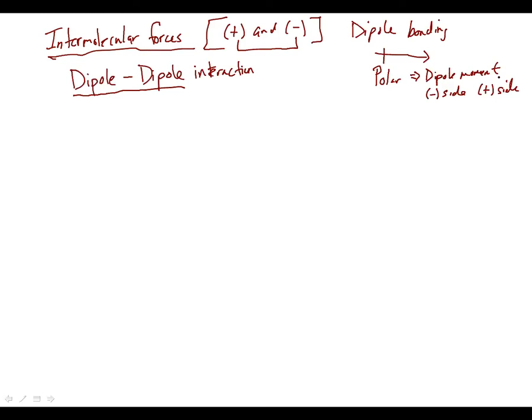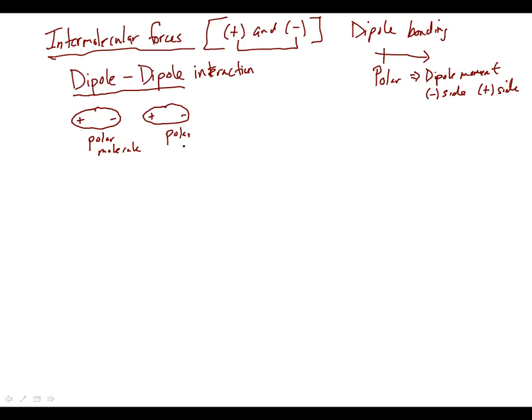So there's a side, because of unequal sharing of electrons, that's more positive, and there's a side that's more negative. And what that essentially does is, because of that, you essentially will have two molecules that are polar, that has a positive side and a negative side. And another polar molecule that has a positive side and a negative side.